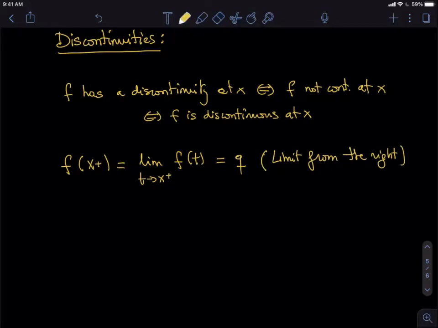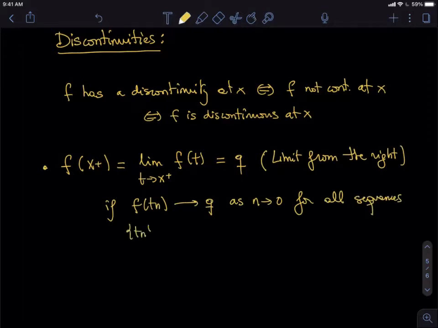But the actual definition is that f of t_n converges to q as n tends to infinity for all sequences t_n that are contained in the interval on the right of x, let's call it (x, b].